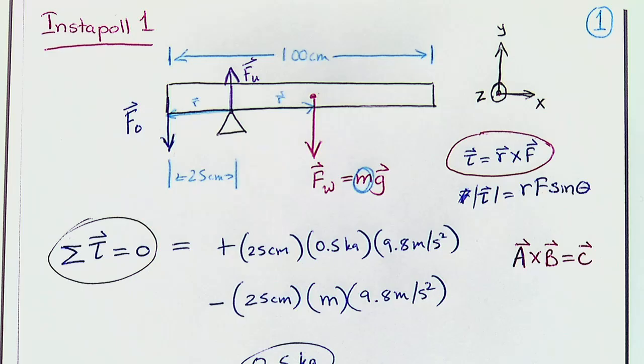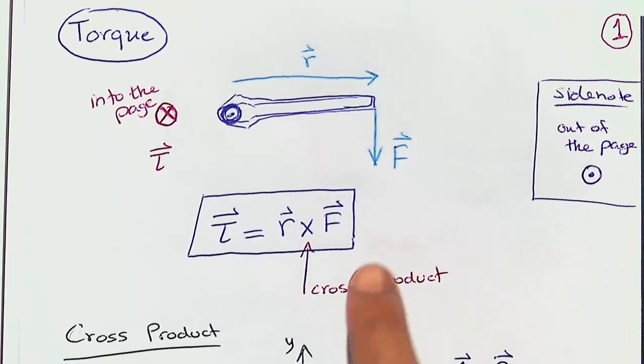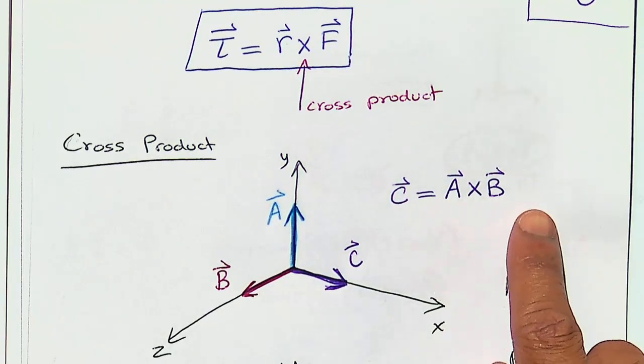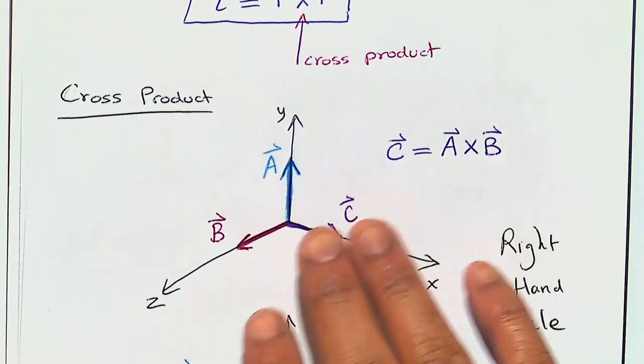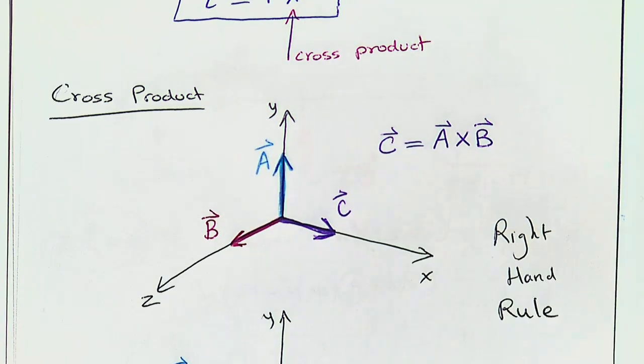Let's go back to the notes here. This is how torque is defined, and we want to talk about what a cross product is. A cross B. We did some work on how to figure out the direction of C, some vector.